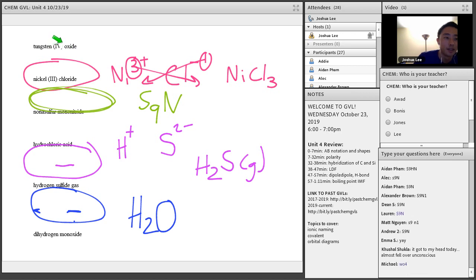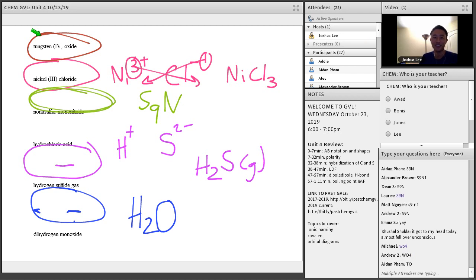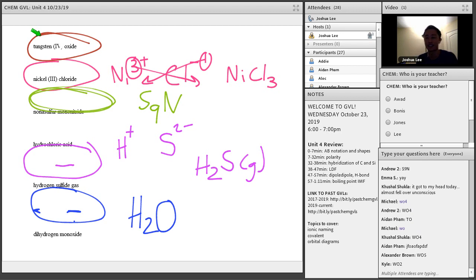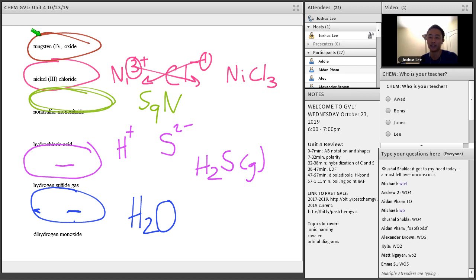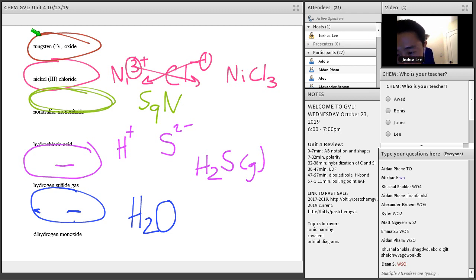Do this one that I just changed. Go, go, go, go! It's tungsten 5 oxide now. Oh, now you guys all gotta think. No, no one has gotten it right yet. Nope, nope.